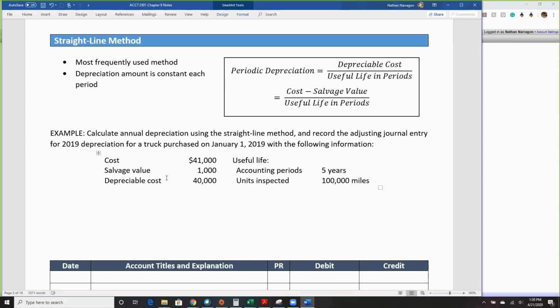So basically a time. Okay? Now, we also call cost minus salvage value depreciable cost. So that's an interchangeable term. But if you still stick with cost minus salvage value divided by useful life, you'll be fine. Okay?